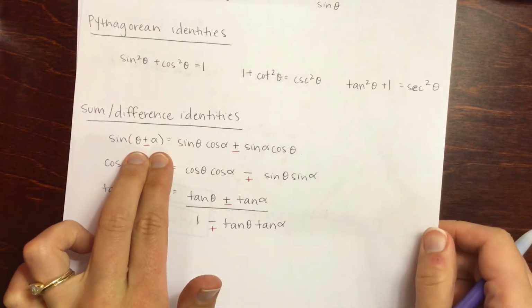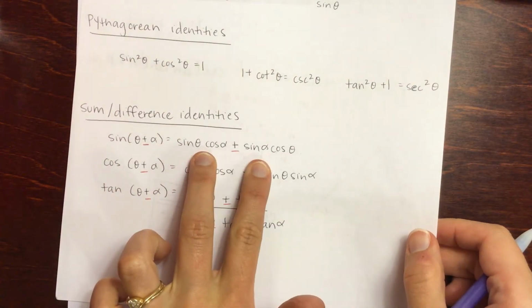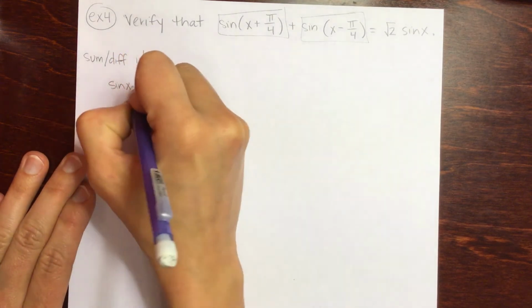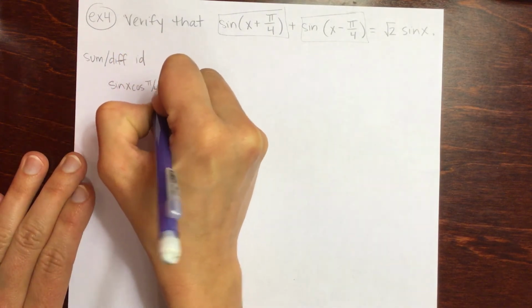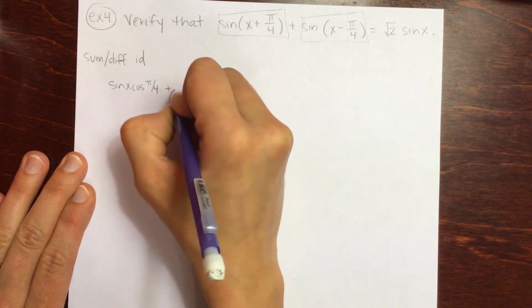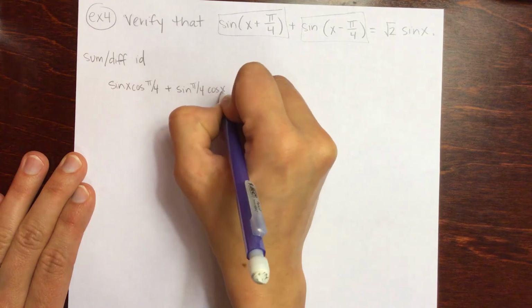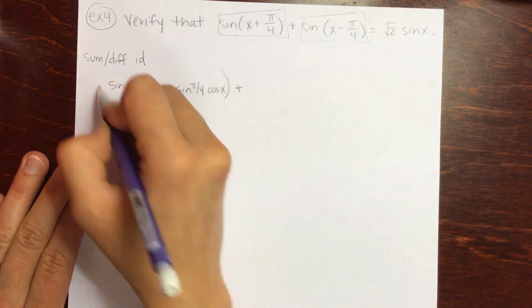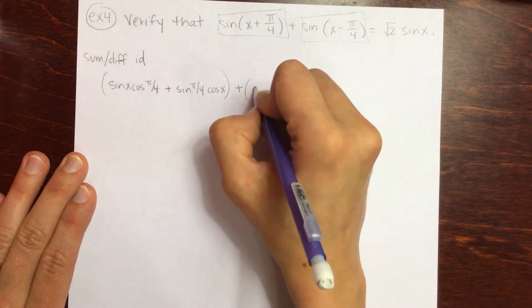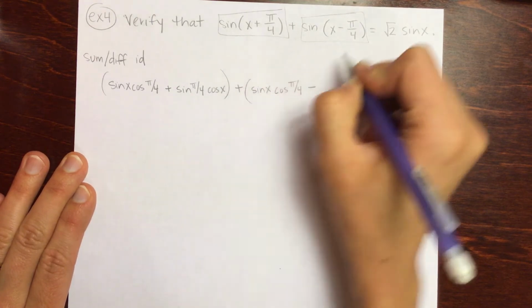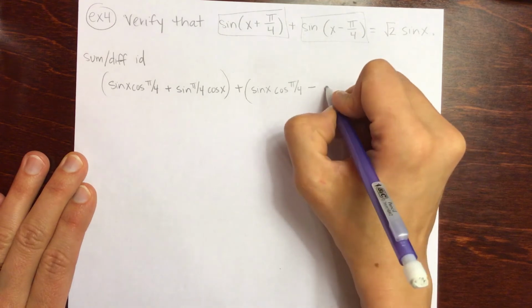I am using x's and pi over 4 instead of thetas and alphas. Plus, so that is also a plus. Minus, so this is a minus.